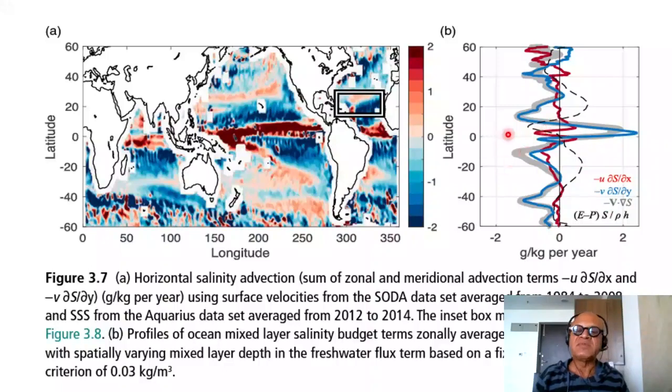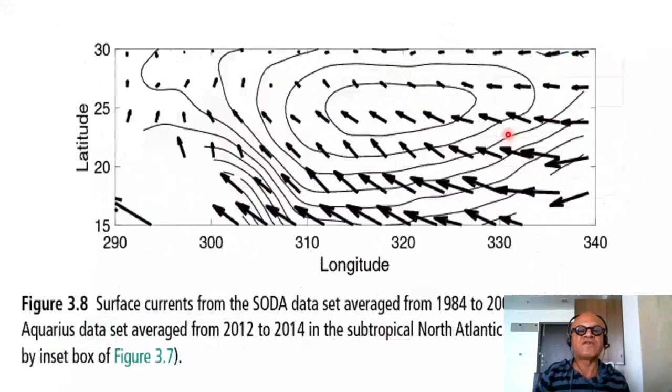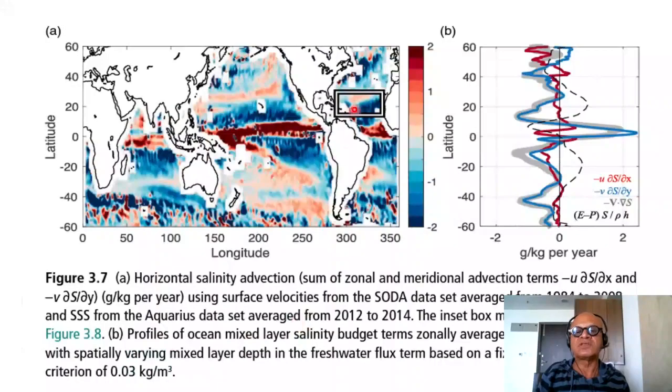So salinity budgets are a tiny bit more complicated than the temperature budgets, but just get a good sense of how it is done. Finally, here are surface currents from the Simple Ocean Data Assimilation dataset averaged from 1984 to 2008, and sea surface salinities from Aquarius data averaged over 2012 to 2014 over this box here.